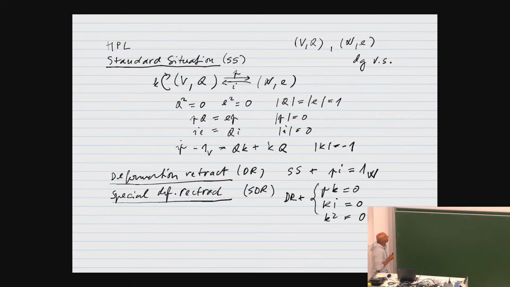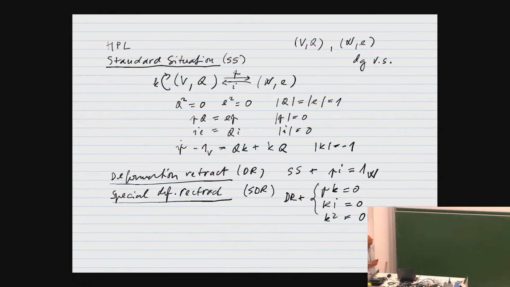And you have a pair of maps P and I, which are maps of complexes, intertwining the respective differentials. They are of degree 0. And then you have an endomorphism K of V, the contracting homotopy, which is really a contracting homotopy between the identity on V and the composition I and P, of degree -1.